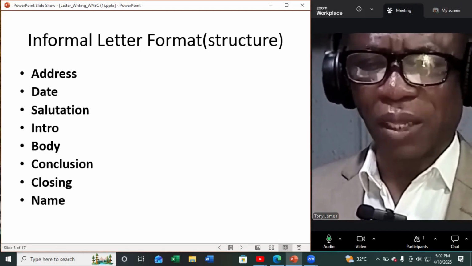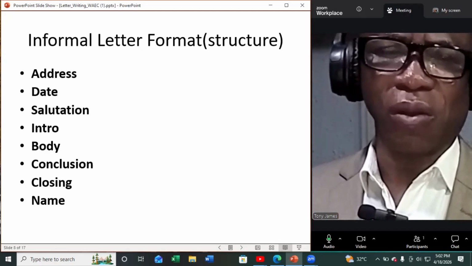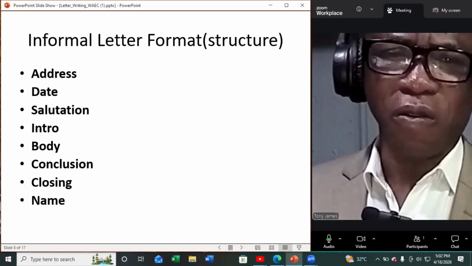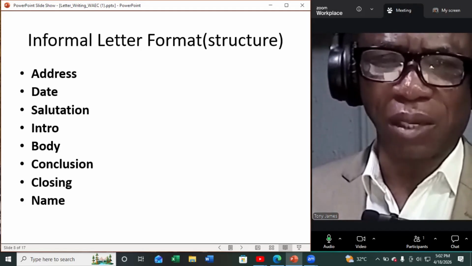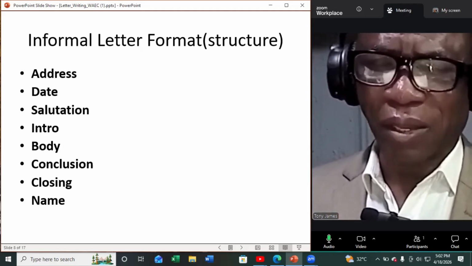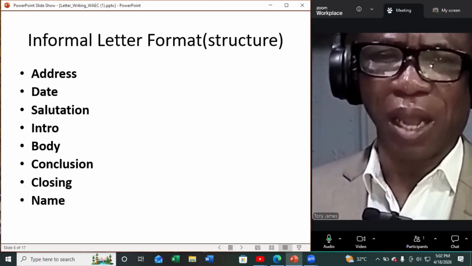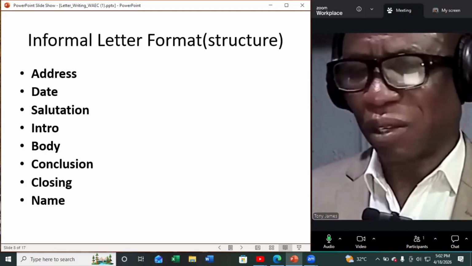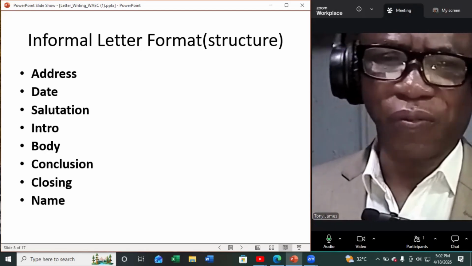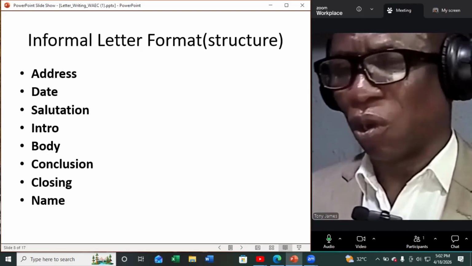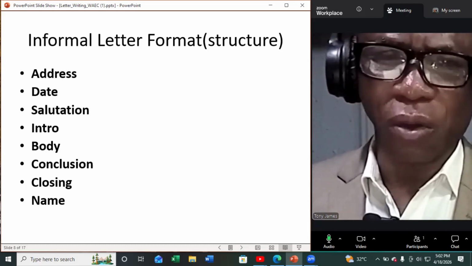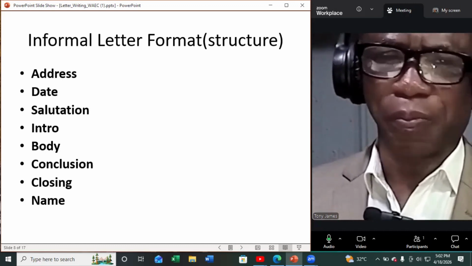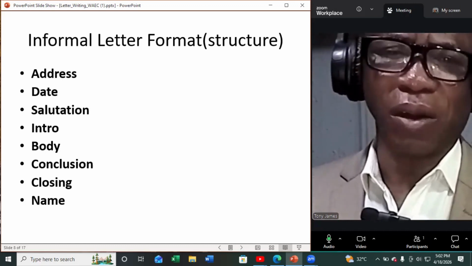So you write the introduction. Now in the introduction, there is room for pleasantries. When you are writing your introduction of an informal letter, there is room for pleasantries. You can ask for the experience of the last journey, the experience of the past exam, and any other things like that.